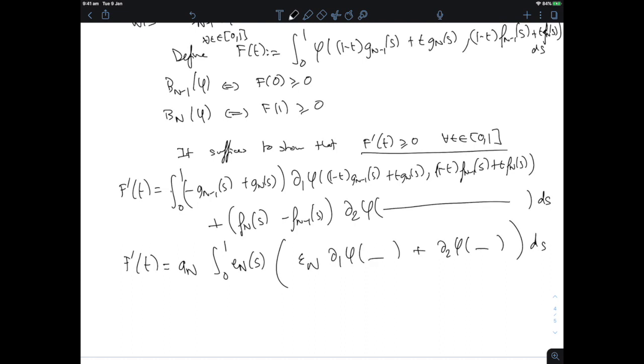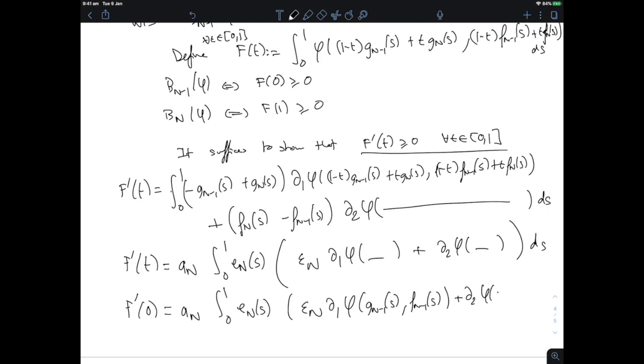Excellent. Now, what is it at 0? At 0, I want to show it's always non-negative. So let's first of all check it at 0. At 0, this is a_n times the integral from 0 to 1 of e_n(s) times epsilon_n times d1 of phi of g_{n-1}(s), f_{n-1}(s), and then plus d2 phi of g_{n-1}(s), f_{n-1}(s), ds.